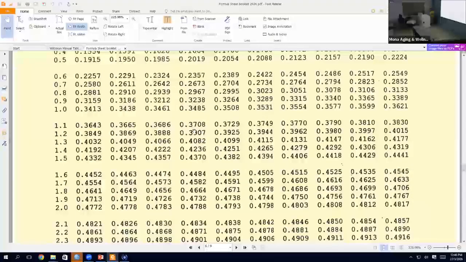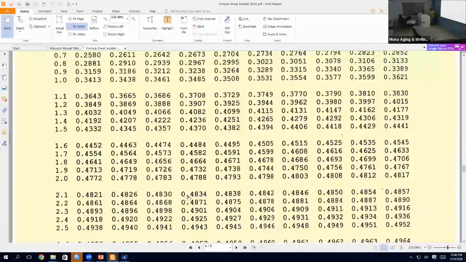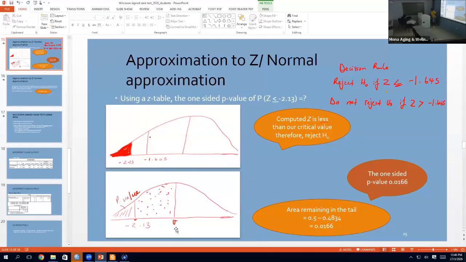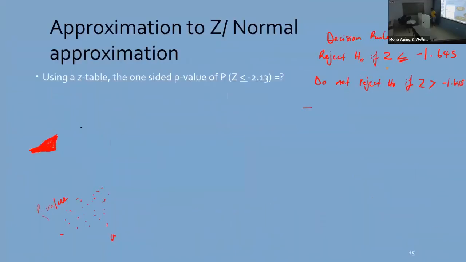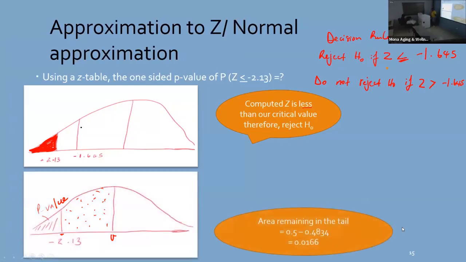So that's 0.4834, the area between the mean and our computed Z. To find the area remaining in the tail, we subtract from 0.5, because your Z curve is divided into two equal halves, 50% on the left, 50% on the right.